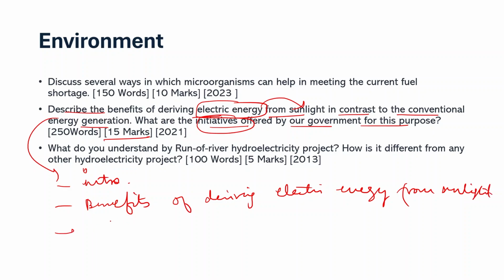Then you can write about government initiatives, and then if you want, you can write about related concerns, or simply conclude. So the structure in this question was also already given to you, right?